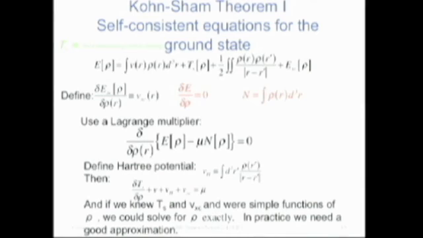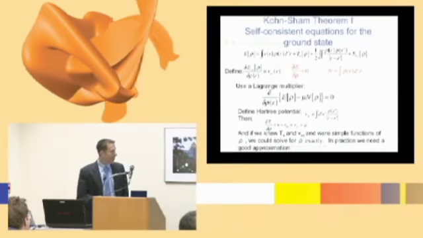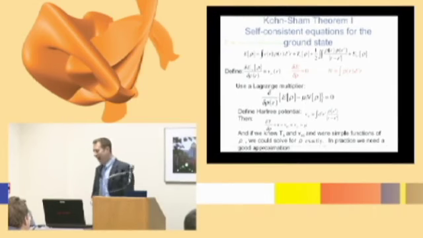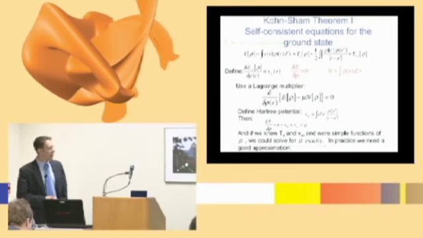If we knew the exchange correlation potential exactly, and if we knew this kinetic energy form exactly, and if they were just simple functions of density, we could solve for the density exactly. But we don't. So in fact, we need a good approximation.